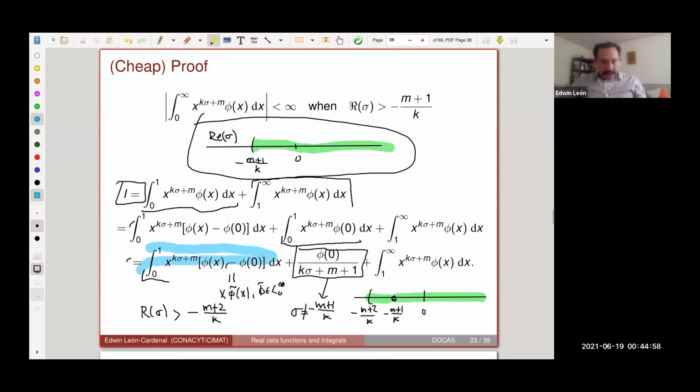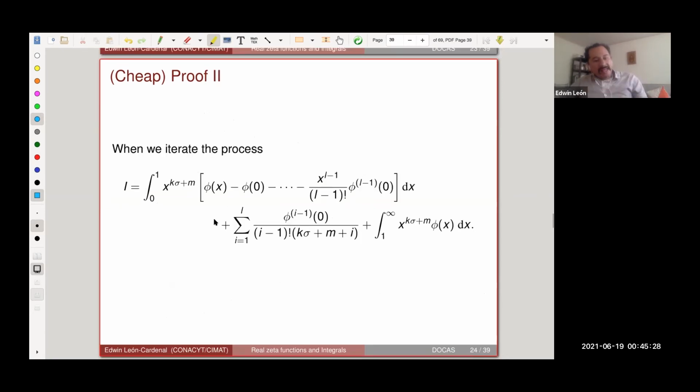This integral here is the integral of x to k sigma plus m plus 1 times a function phi tilde, which is again a function of the same form. So you can repeat the same thing with phi tilde, and you can do that again and again and again.